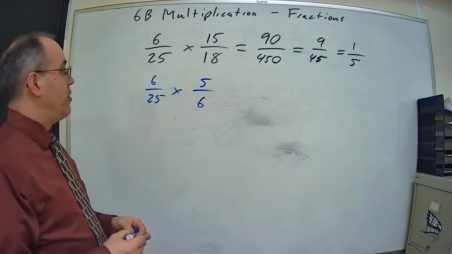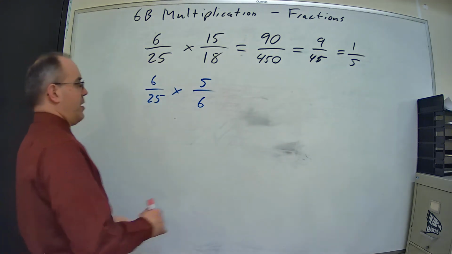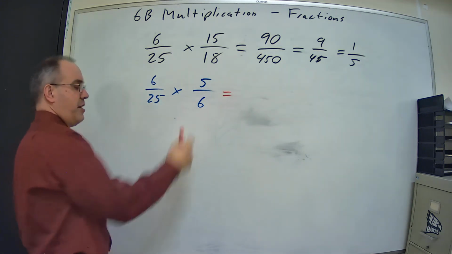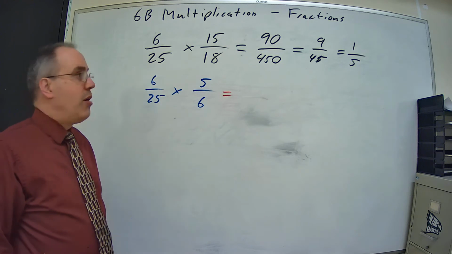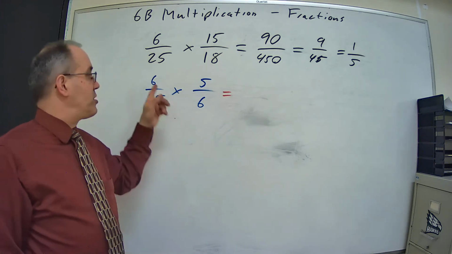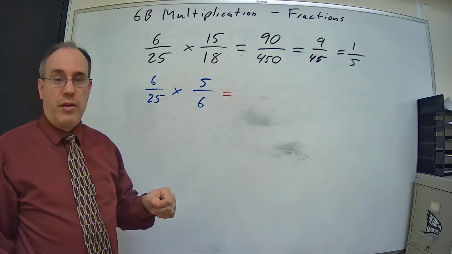Now some of you may notice, well wait a second, Mr. Davis, I see a 6 here and a 6 here. Well, think about it, when we multiply fractions, don't we just multiply the numerator and multiply the denominator?